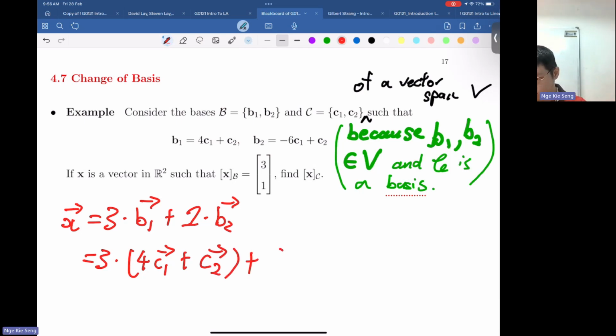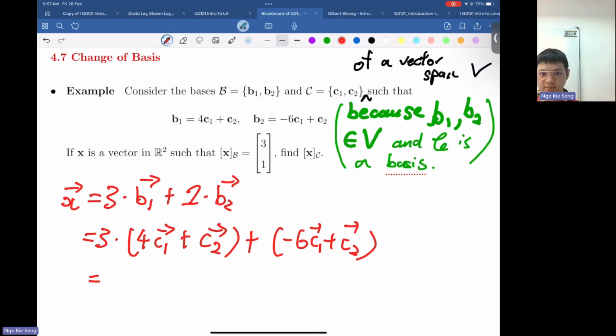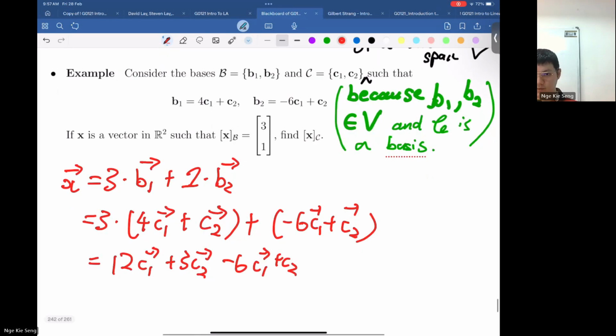One times, so this one becomes 6. But you can see that there are two C1 and two C2 here, so we're going to combine them. If you combine them, what happens? Anyone got it? 6 C1 plus 4 C2.